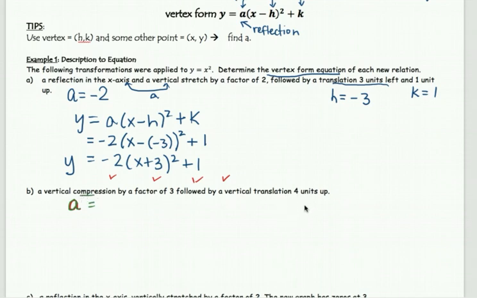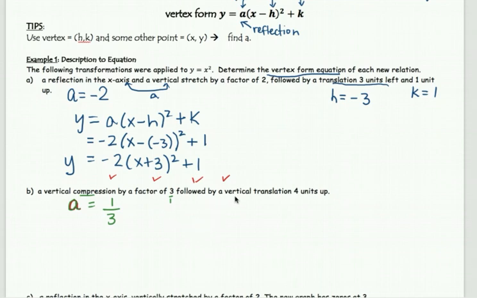If A was 1/2, you would write vertical compression by 2. Here it says a factor of 3, but remember you flip it. It's like you have 3/1, now flip it to go back to the A value, because compression should always be a fraction. So vertical compression by a factor of 3 means 1/3.